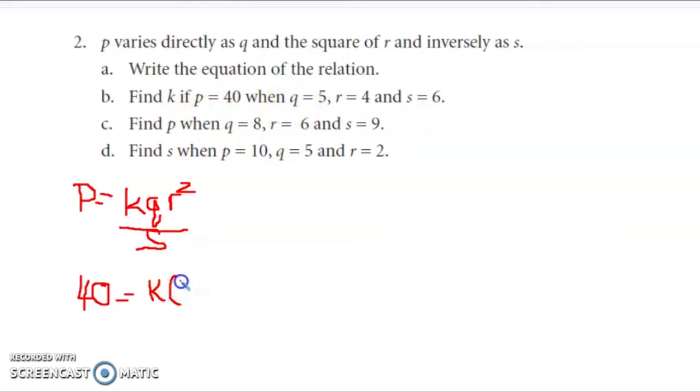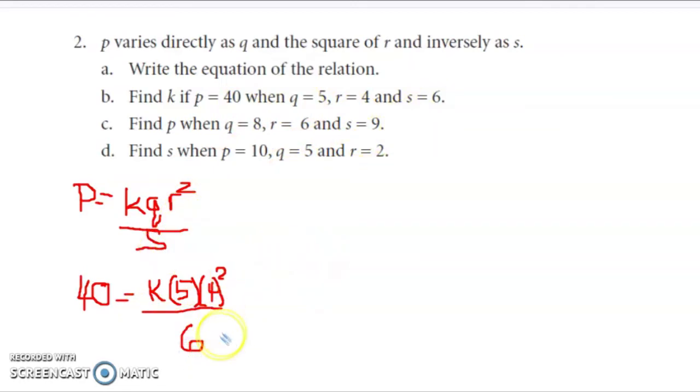So we'll replace it with 5. And R, what is the value of your R? 4. So that would be 4 squared because R is squared, divided by S, and S is 6.